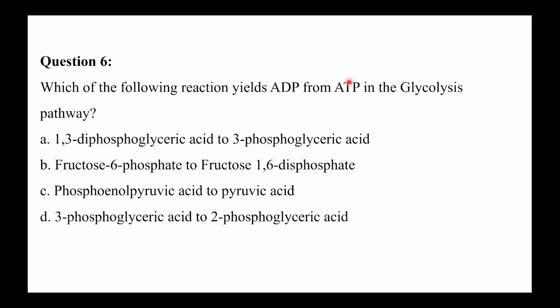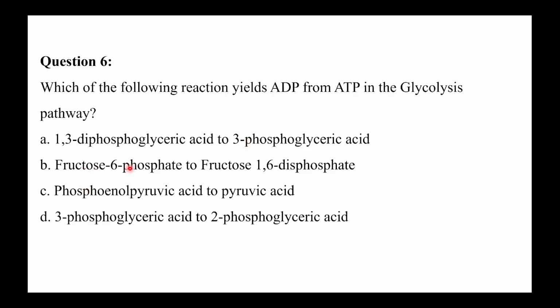That means one phosphate is transferred to some substrate. In option A, 1,3-diphosphoglyceric acid to 3-phosphoglyceric acid, one phosphate is removed to form 3-phosphoglyceric acid, right? So this is a dephosphorylation reaction. So this can't be the correct answer.